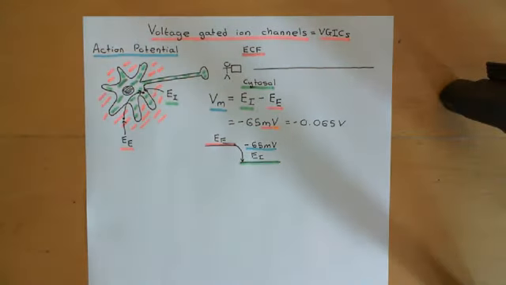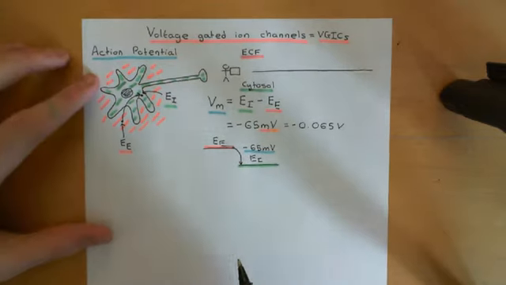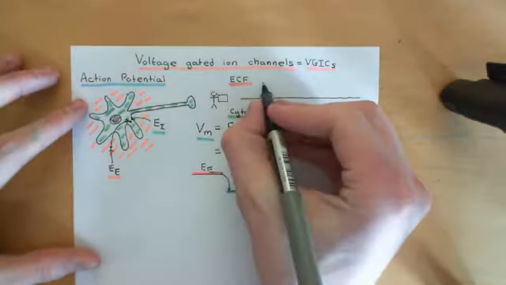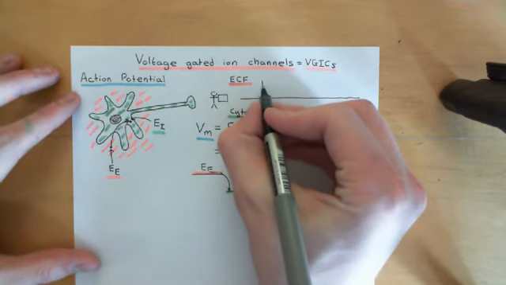Now what I want to tell you about is the gradients that you have for sodium, potassium, calcium and chloride across the cell membrane, because we're going to use these ionic gradients in order to explore the action potential. We'll start off with sodium, one of the most important.